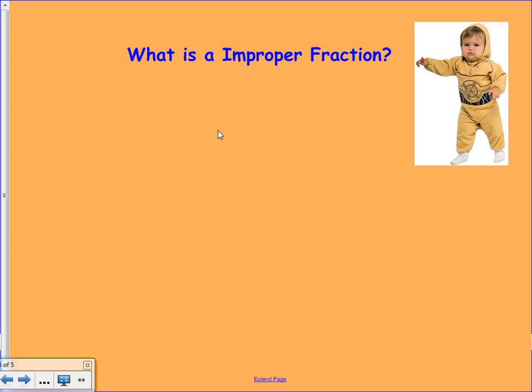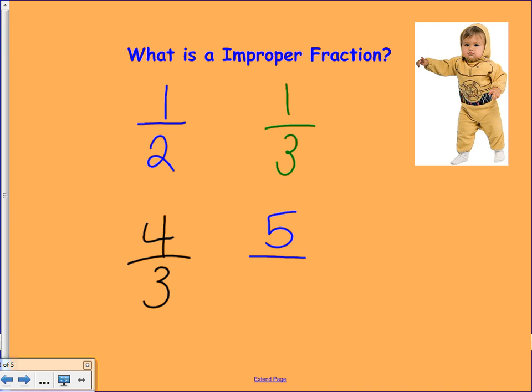So I want you to tell me which one of the following is an improper fraction. Which color represents an improper fraction? Good, the black one. Let's go on to the next slide.